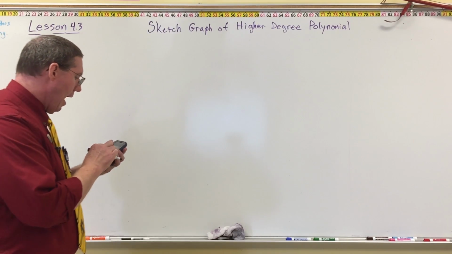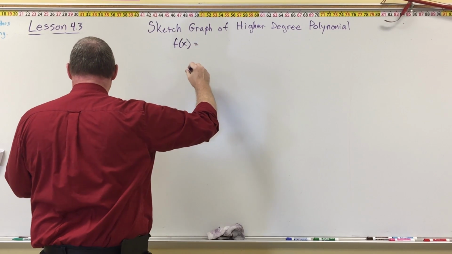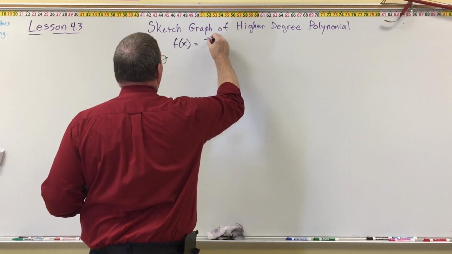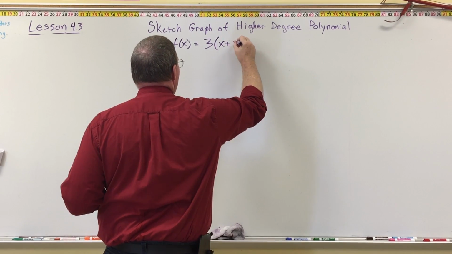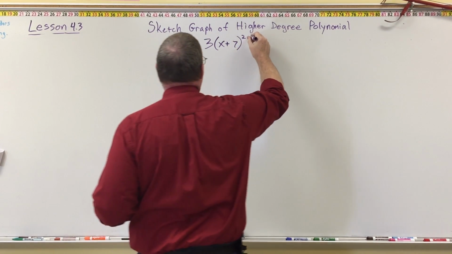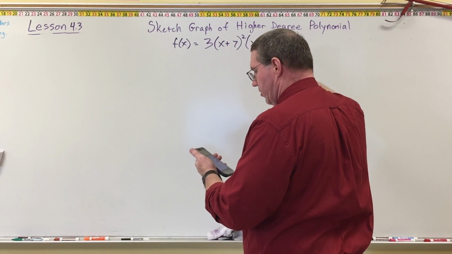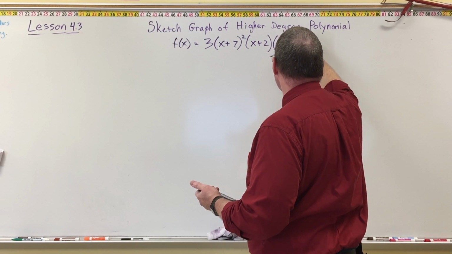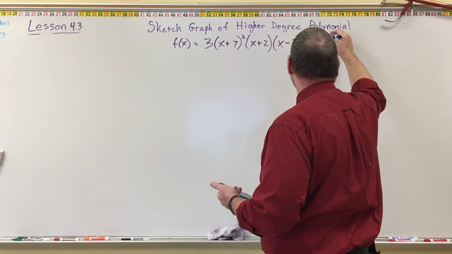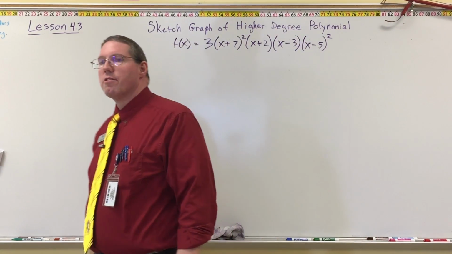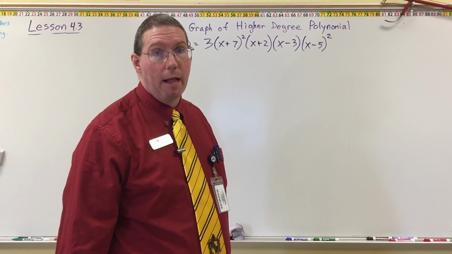So let's say that we have a function f of x equals, okay, now this is going to look a little crazy here: 3 times (x plus 7) squared, times (x plus 2), times (x minus 3), times (x minus 5), squared. Okay? This is what is called factor form of a polynomial.